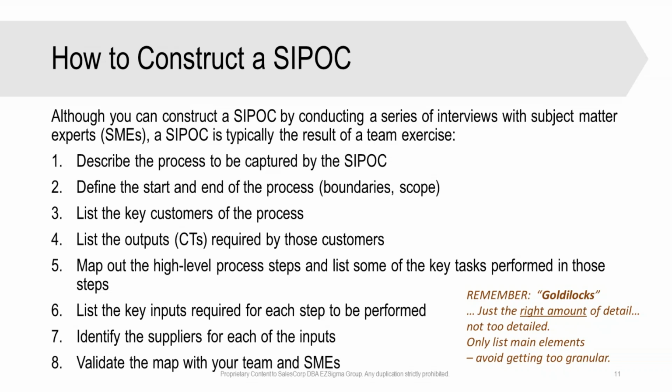One thing, again, that I'll talk about a little bit later are some other uses of that SIPOC. And as you can see in the bottom right, with the Goldilocks rule, just the right amount of detail, not too detailed. So often in that SIPOC, it's maybe somewhere between 5 and 8 steps. Doesn't mean that 4 is wrong or 9 is wrong, but you're looking at the main chunks of activity, not the minutia of the detail as it flows through.